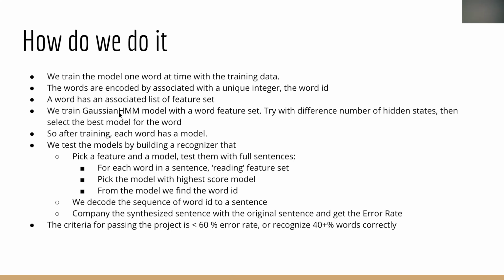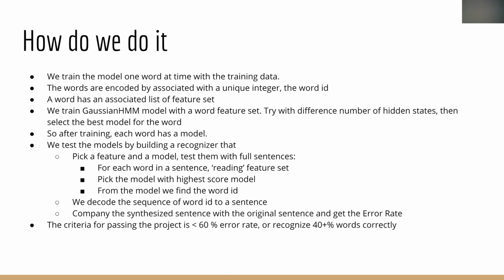And then we train these Gaussian HMM models with that word sequence, and then we compare, we try to pick the best one. So each word has a model associated.